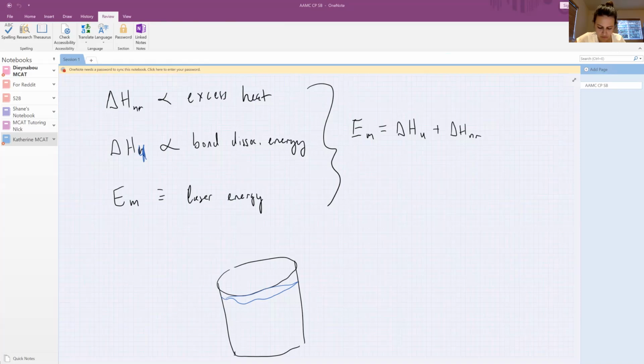Let's see. Okay, just for generalized topics, I'm sure your UWorld tells you which kinds of topics in CP you have. I know exactly what is harder for me in physics, especially everything that has to do with energy, and also waves and sound, light, lenses, magnetic fields, all of that stuff.